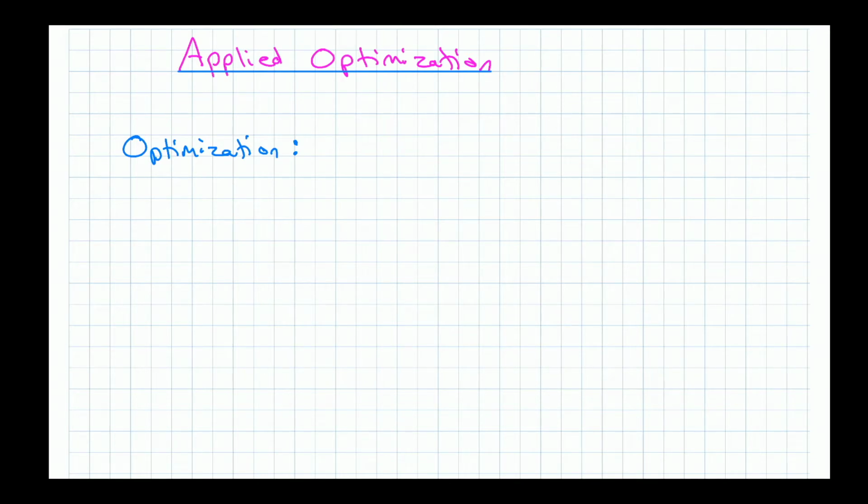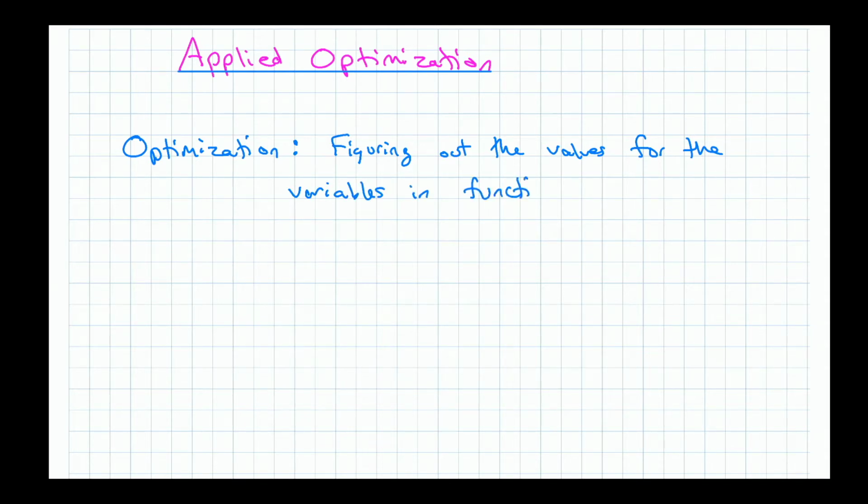So optimization is figuring out the parameters or the values for the variables in a function that will either maximize or minimize the function.